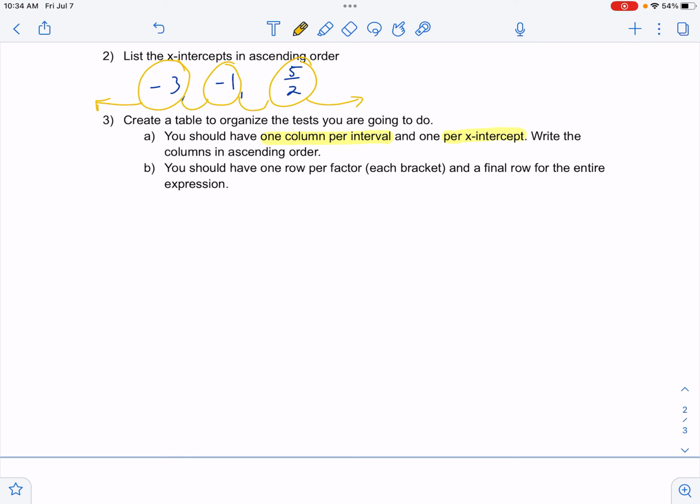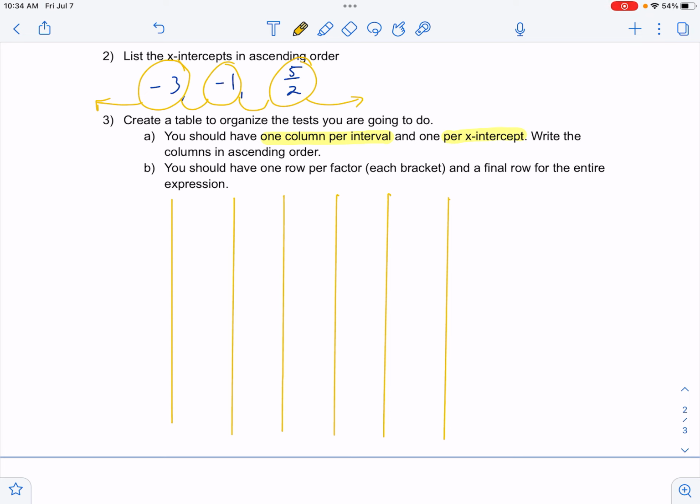There are 7 columns in total. 1 for everything before -3, 1 for -3. 1 for between -3 and -1, 1 for -1. 1 for between -1 and 5/2, 1 for 5/2, and then 1 for everything after 5/2. 7 columns in total. That's a lot of columns. Okay, good.